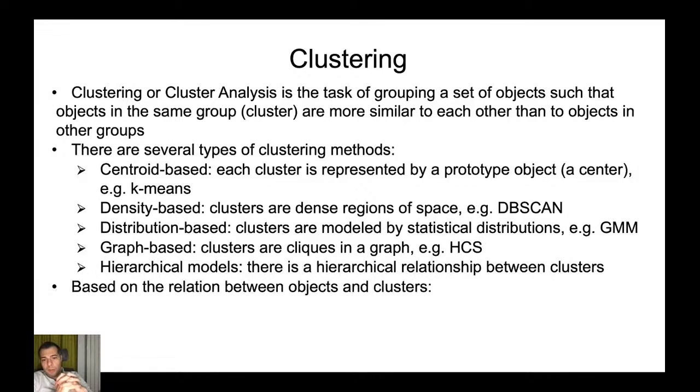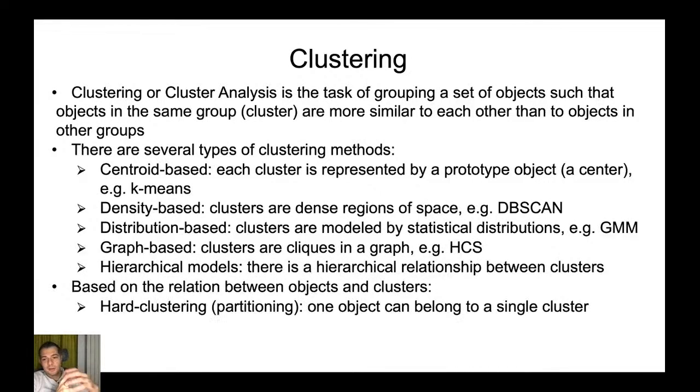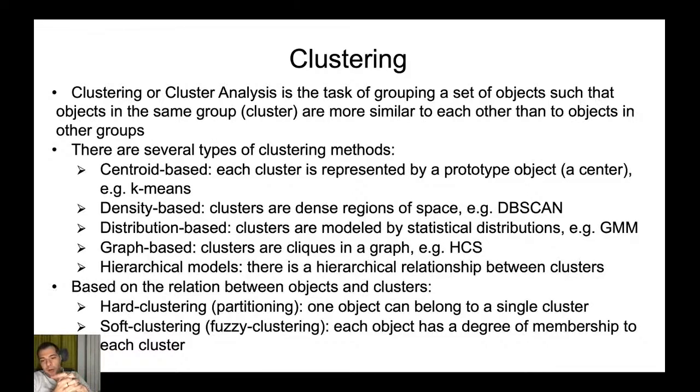In another taxonomy, we can also divide the algorithms based on the relation between objects and clusters. First we have hard clustering approaches. These are partitioning methods in which one object belongs to a single cluster. And we also have soft clustering approaches. We will discuss soft k-means today, which belongs to this type of approach.